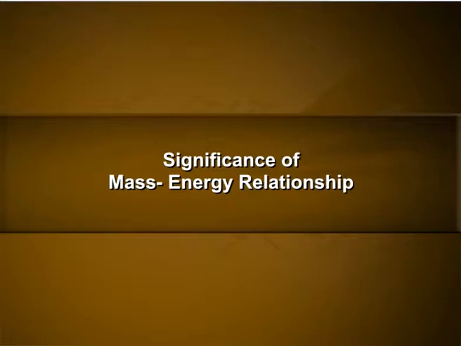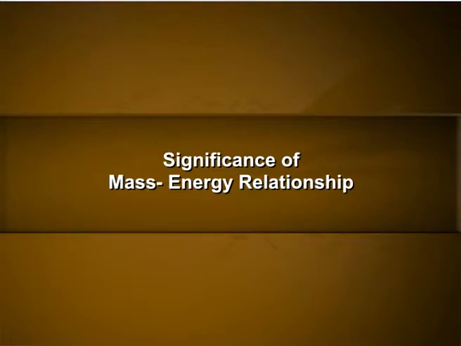In general, we can say that an amount of energy ΔE in any form is equivalent to a mass Δm = ΔE/c², and conversely any mass Δm is equivalent to an energy ΔE = Δmc². This is called the principle of equivalence of mass and energy.